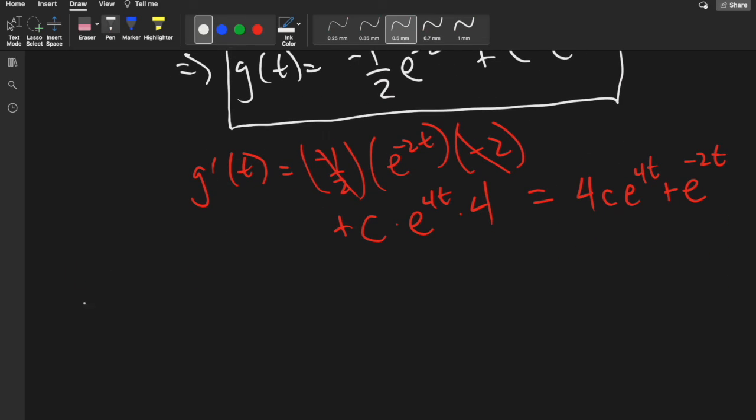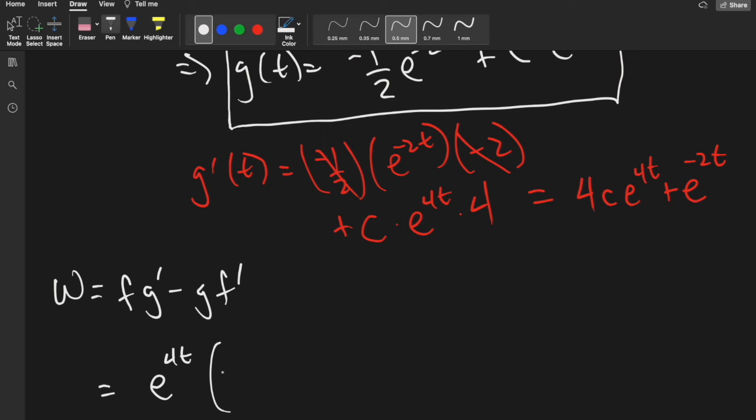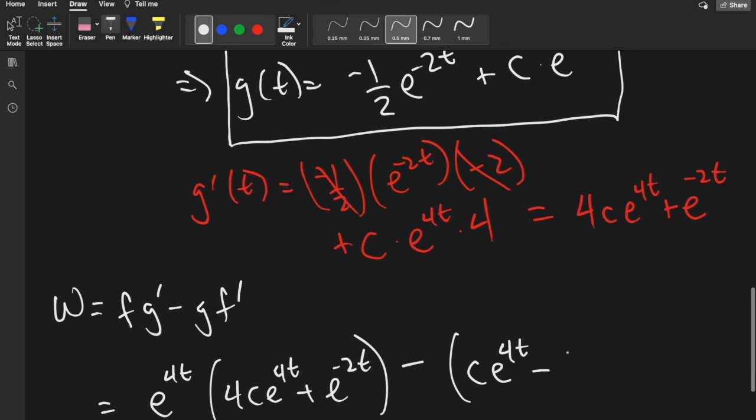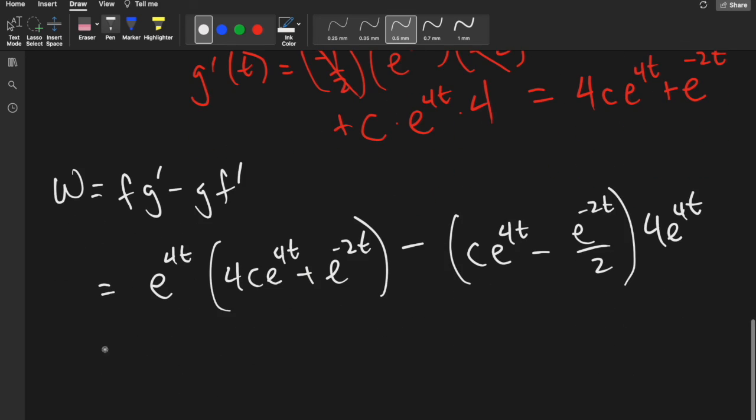Now, if we plug into our Wronskian formula, which is f g prime minus g f prime, we have f, we can write this as... so let's expand this out real quick.